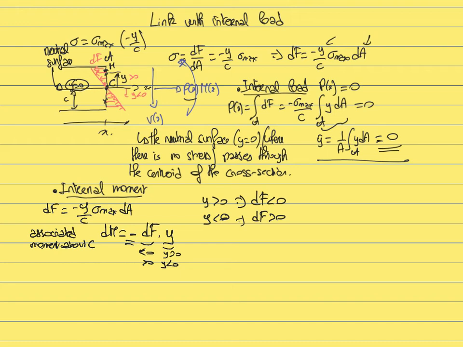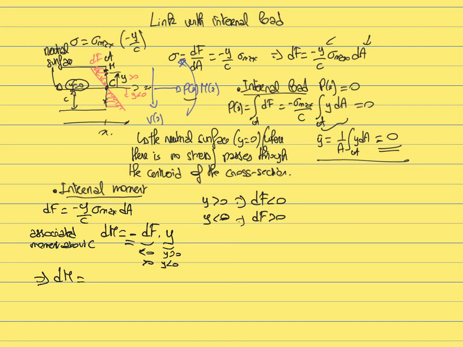So overall, this is now giving me the expression of the small moment dM that is associated to the force dF at each point M as a function of its distance y from the neutral surface. So I can calculate the expression of this small moment by replacing in terms of dF. So the small moment that is associated to each force dF is equal to, I can just replace dF by its expression.